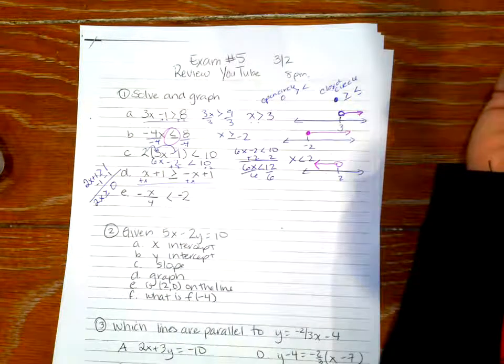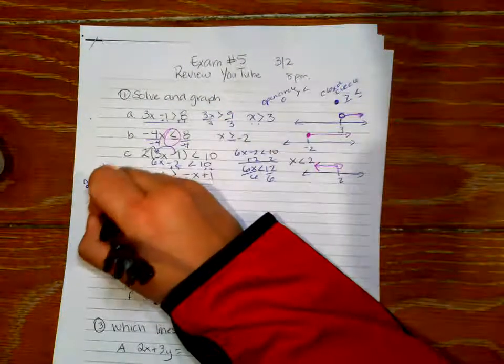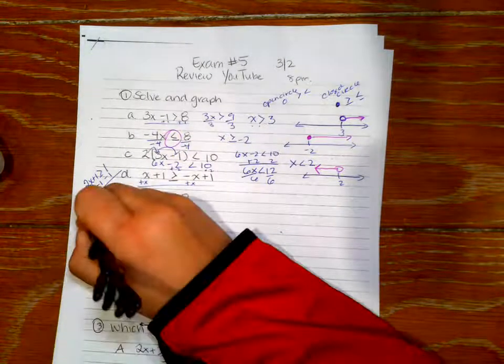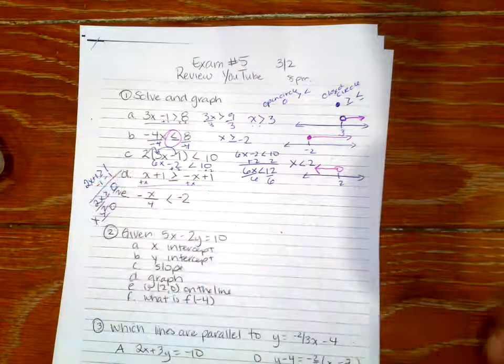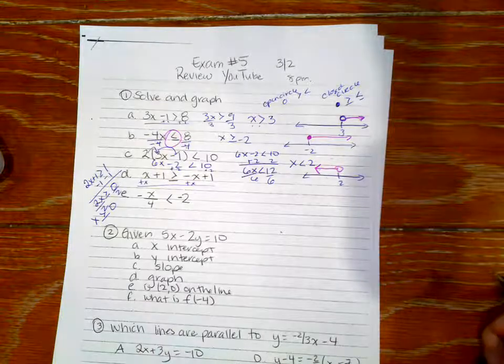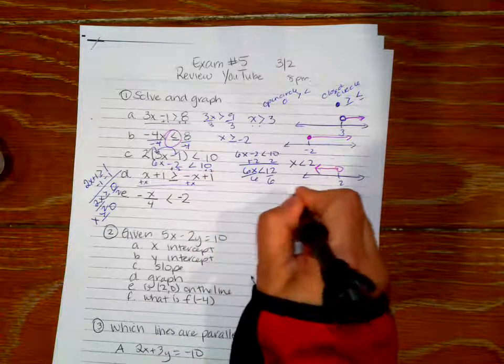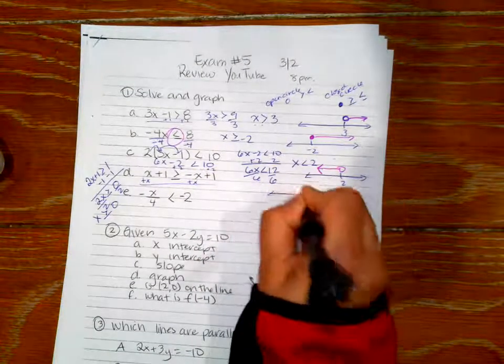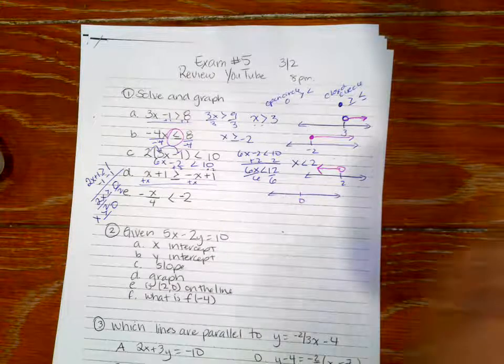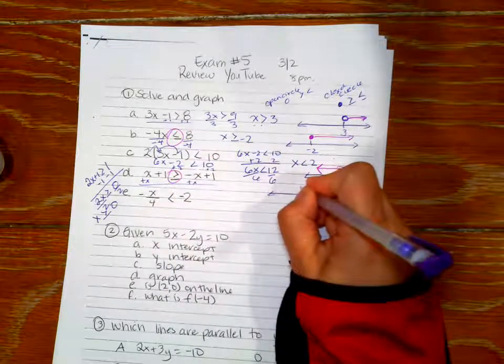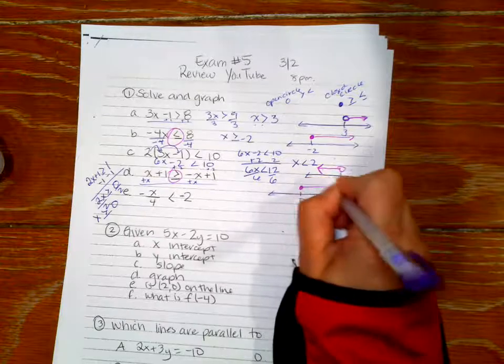That does not mean there's no solution. It means that you divide out by 2, and x is greater than or equal to 0. So for this guy right here, you have 0. You're going to have a closed circle, and x is greater than or equal to 0.